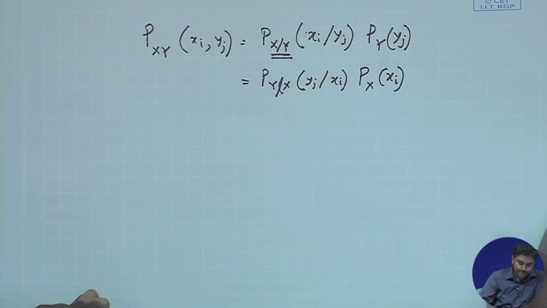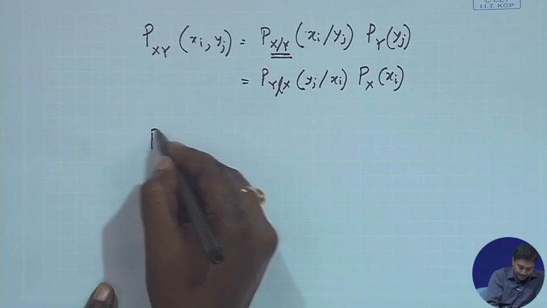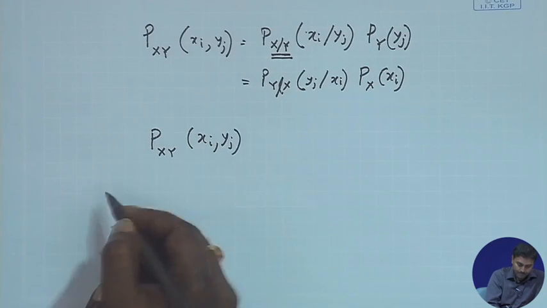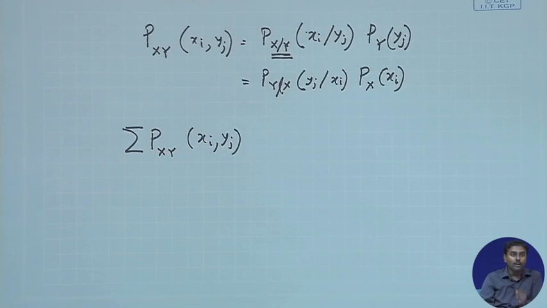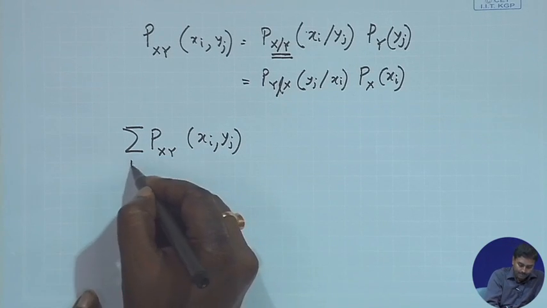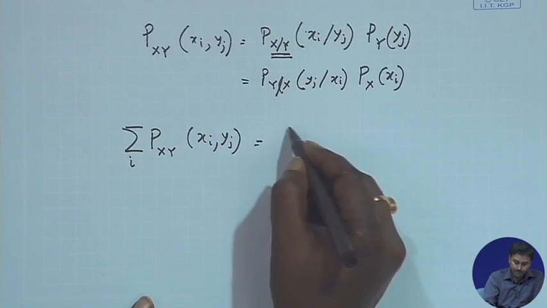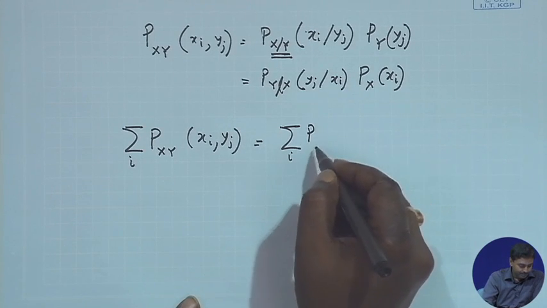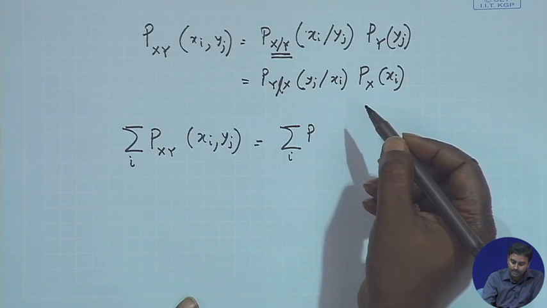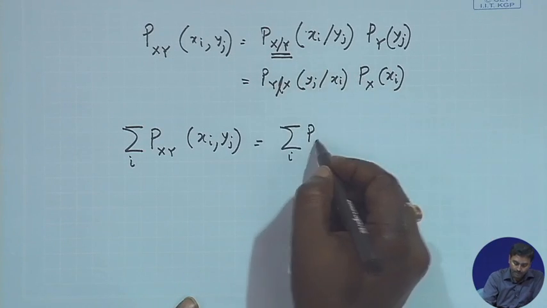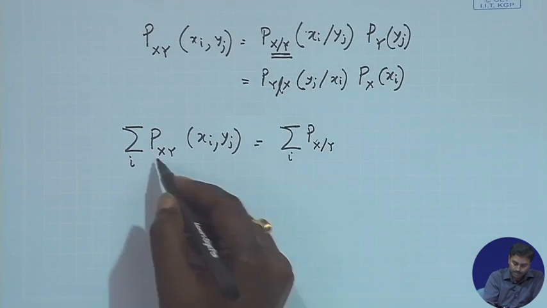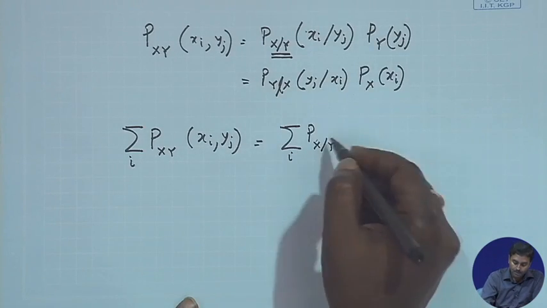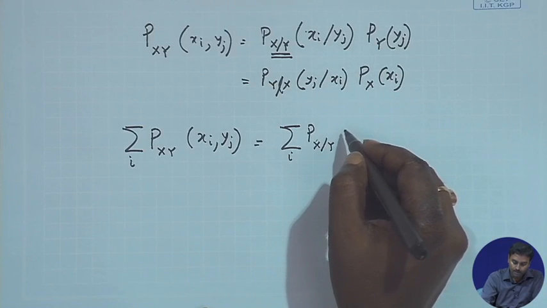So, now let us try to evaluate something like this, p(x, y), that is the joint one I am taking, and I sum it over one of them. Okay. Let us say I sum it over i. Okay. So, I will be summing p, let us take this definition, x given y. So, I am just expanding the joint probability with the conditional one.